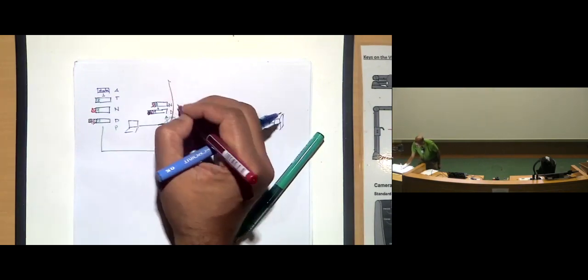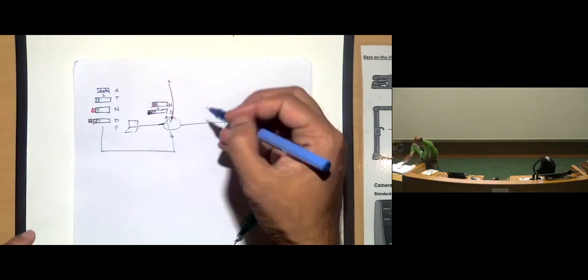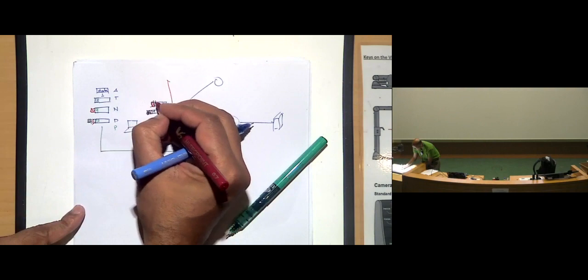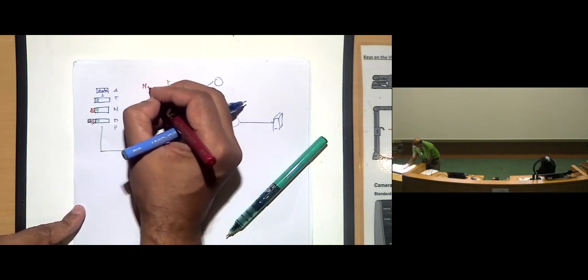Now this router's job is to figure out, if there are multiple links connecting to this router, where should I go? And in order to do this, it will look at the network layer header.